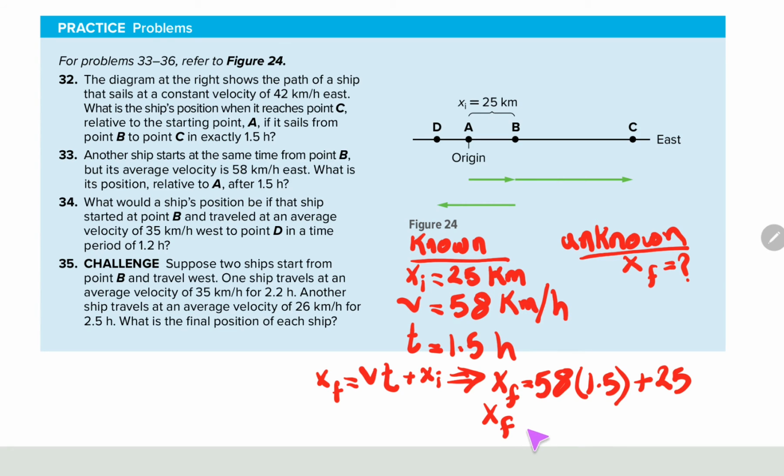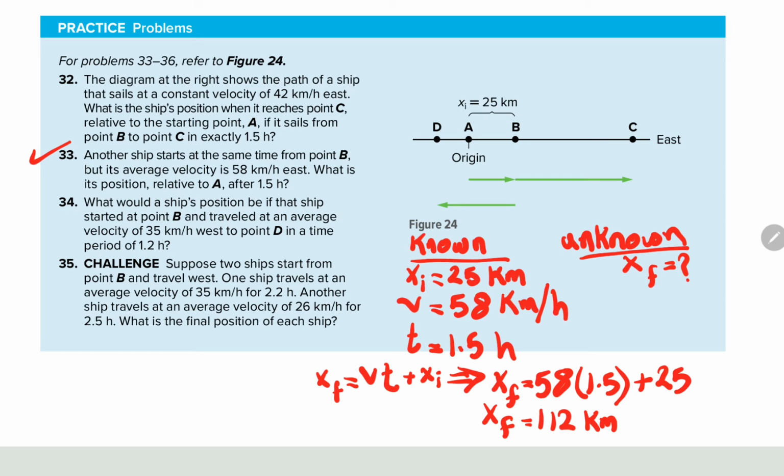So the final result for x final should be 112 kilometers. And this is for question number 33.